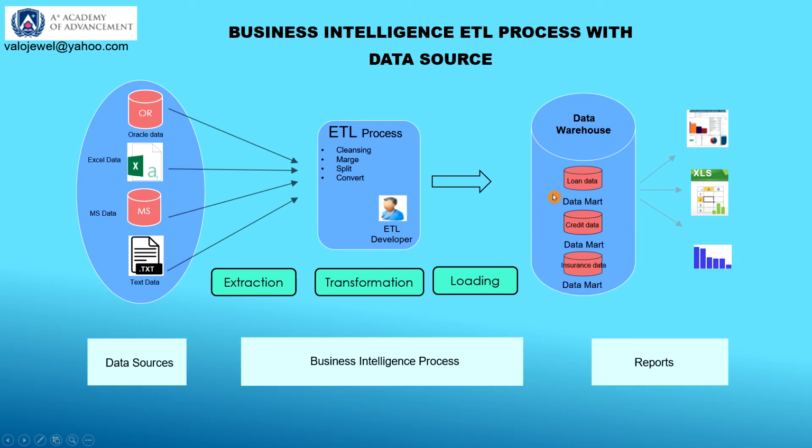And from that data warehouse there are many other branches of related jobs. They create different dashboards and reports, and eventually that data goes for AI, machine learning, and so on.